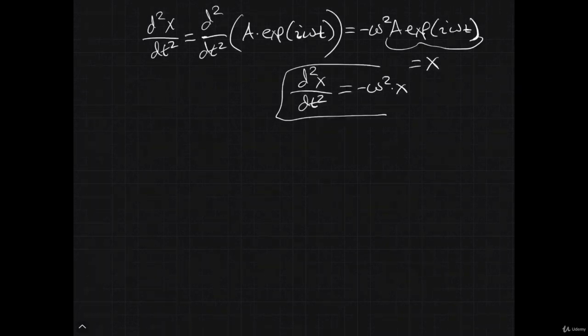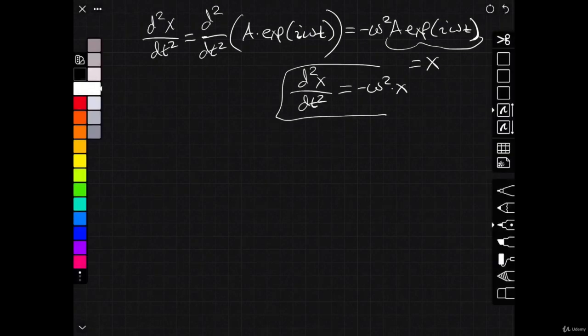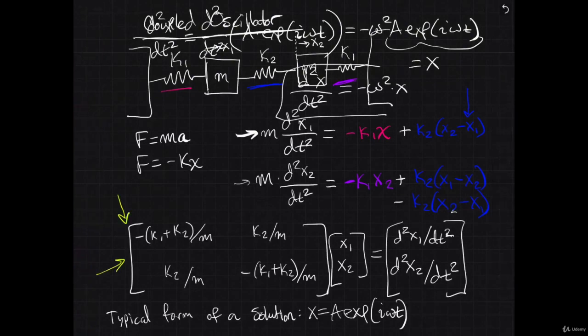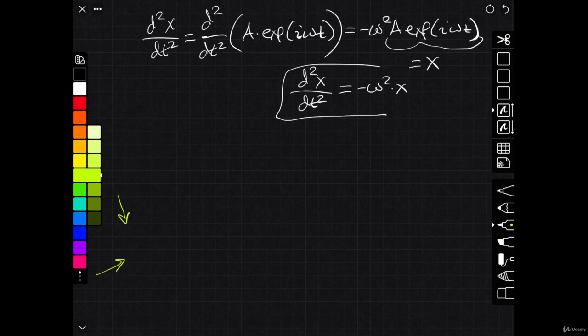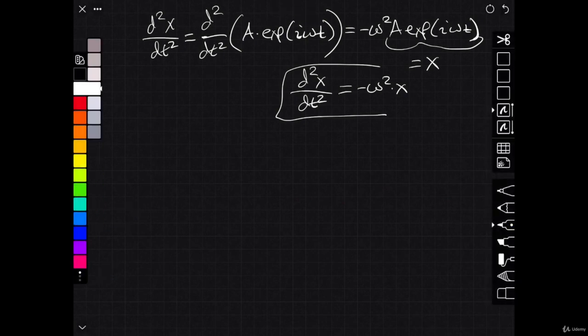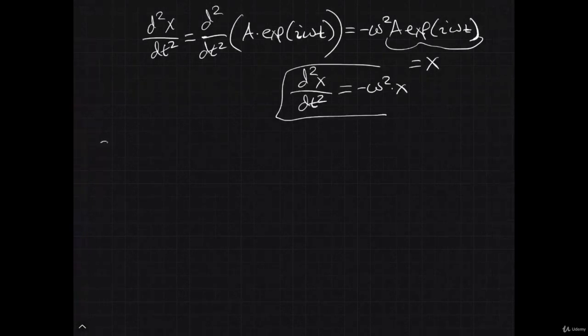And so going back to the other form here, we can effectively say that our matrix equation takes on the following form.